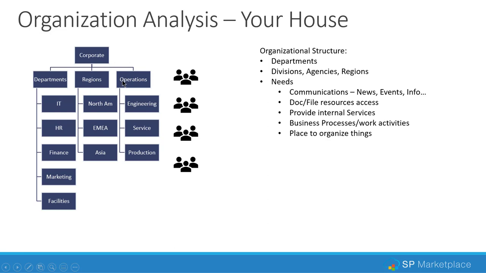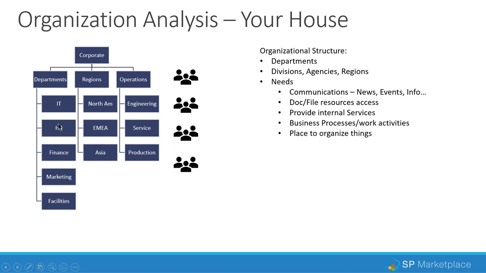You may have divisions that need roll-up and communications and so on. So the organizational structure basically has some specific needs. They need to be able to communicate news, events, and so on, and share it, and actually roll up the appropriate stuff to both corporate and to divisions or regions as needed.